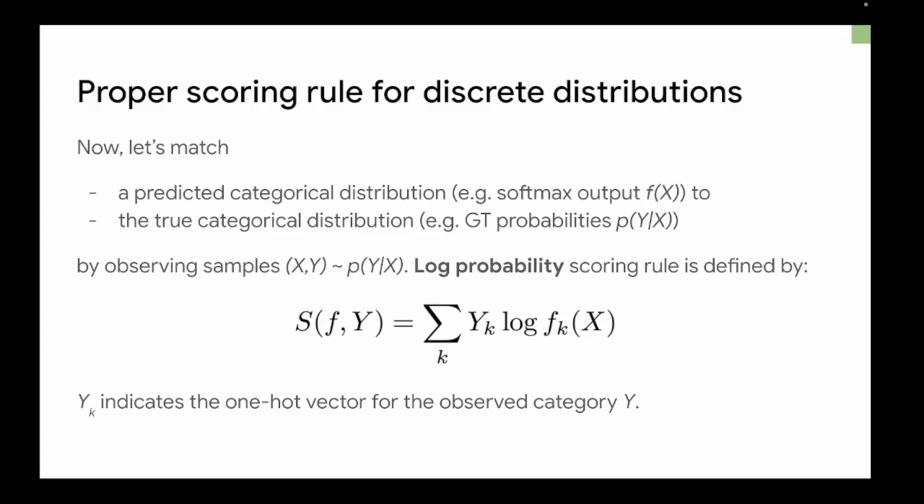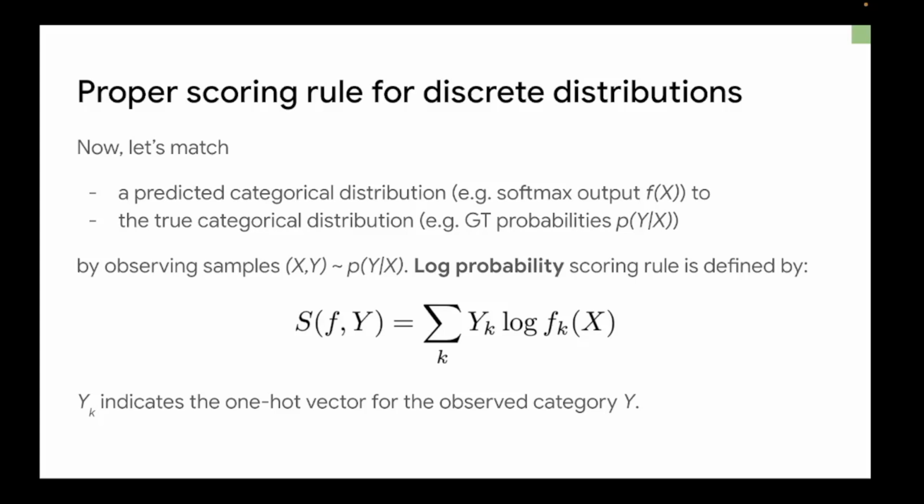And let's say there's some true categorical distribution, p of y given x, where you can sample y and put the labels on each x. Your log probability scoring rule is defined as follows. It's basically a summation over all possible classes, and yk is a one-hot vector indicating what the label is for this sample.